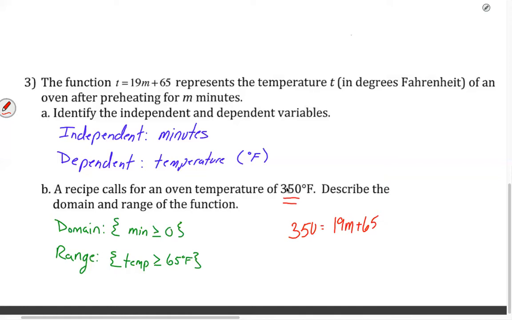So, how do I go about solving this two-step equation? Let's pick on, who's at home? Grace, what would your first step be? My first step would be to... How would we get rid of that plus 65?